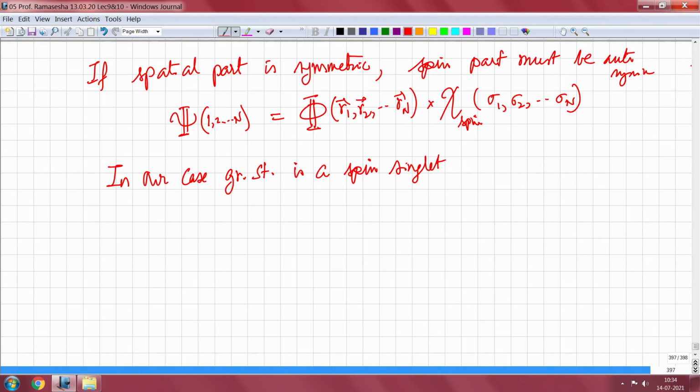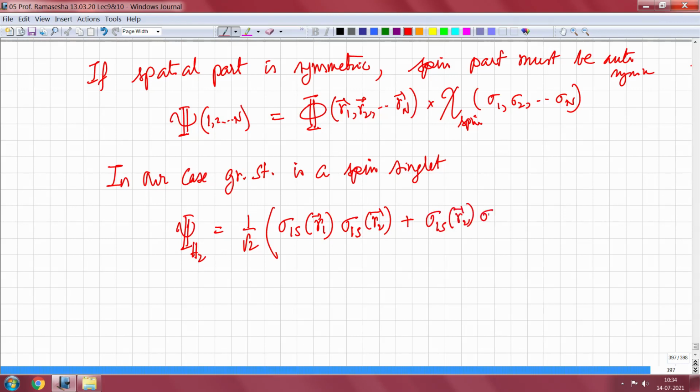It has to be singlet because of the Pauli exclusion principle, and so I can write down the wave function of the hydrogen molecule in the following fashion: 1 upon root 2 times sigma 1s of the first electron times sigma 1s of the second electron plus sigma 1s of the second electron times sigma 1s of the first electron, and this multiplied by the spin function, which is alpha 1 beta 2 minus beta 1 alpha 2. So, this will be the total wave function.